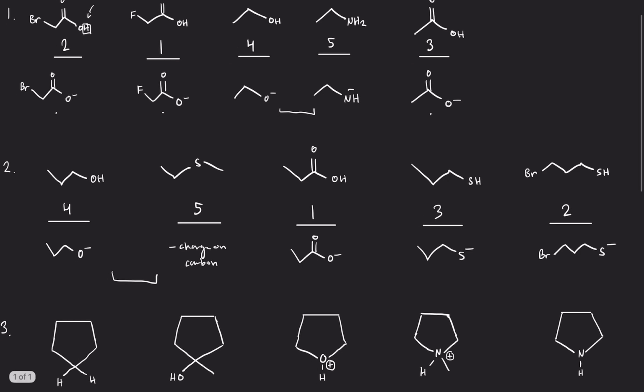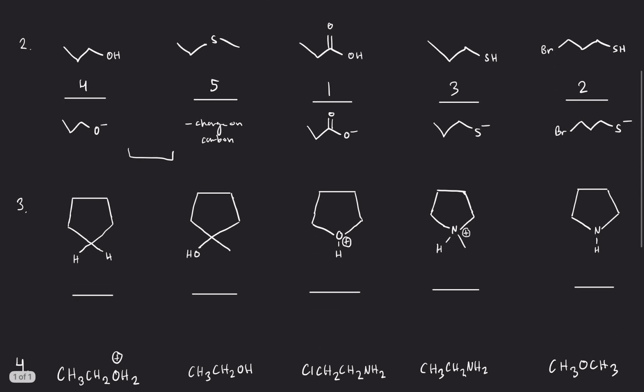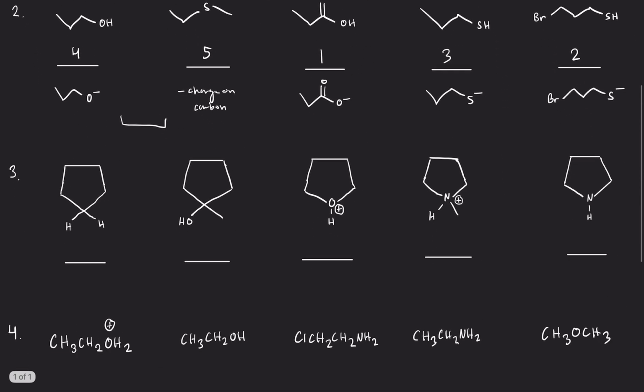Cool. So third example, we have these molecules here. Ultimately, I see that I have two cations. This first one's an oxygen one, second one's a nitrogen one.